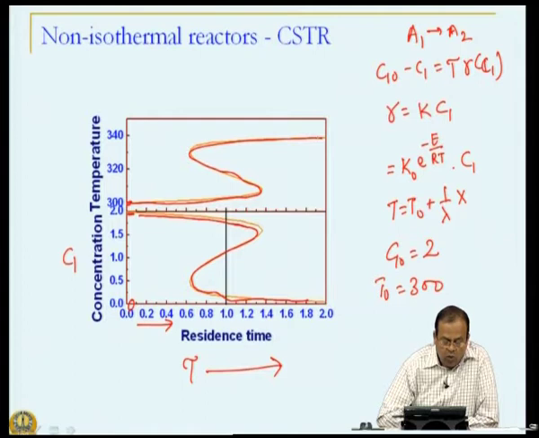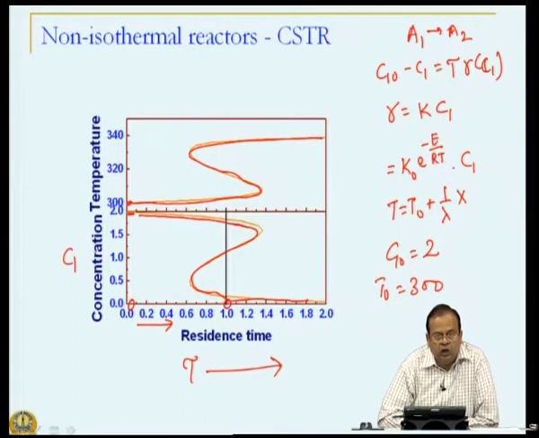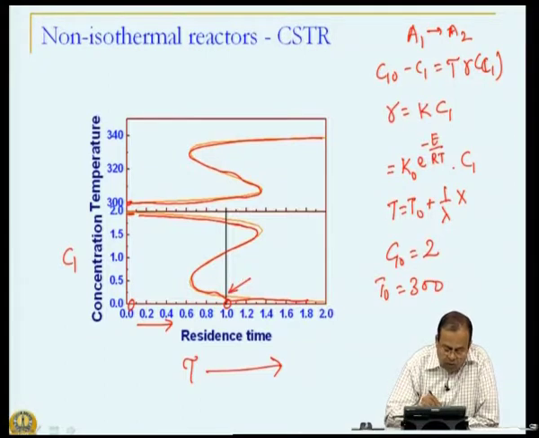So, now what happens? Suppose I have a residence time which is unity. So, at this residence time I have 3 possible values of concentration, number 1, number 2 and number 3.